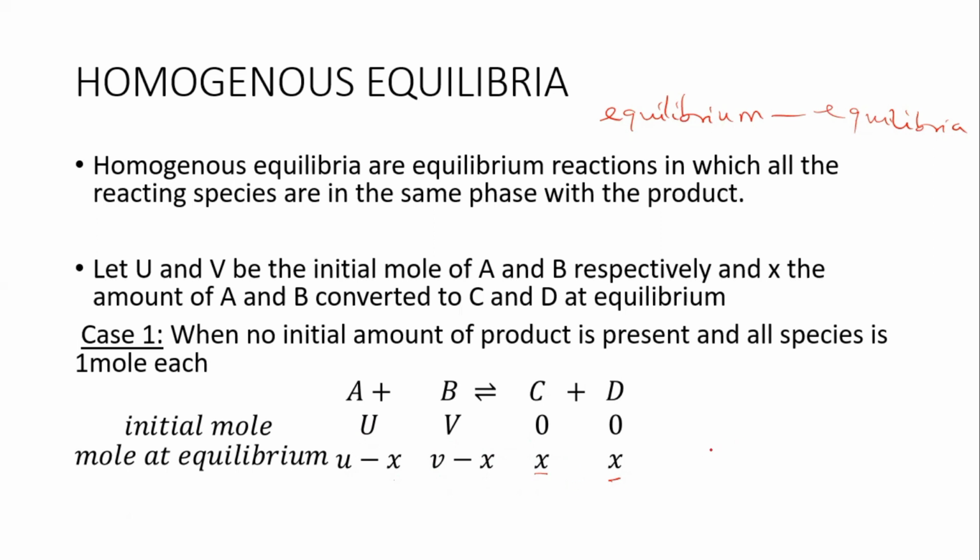That's case one, when there is no initial mole of the product. Now let's look at what that gives us. We write the Kc for this reaction, and Kc is the concentration of the products over the concentration of the reactants.